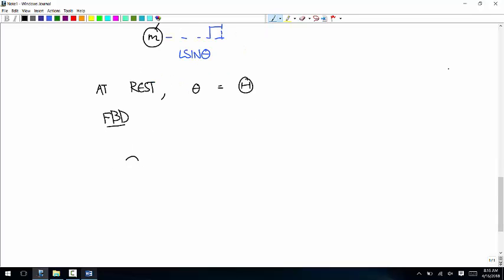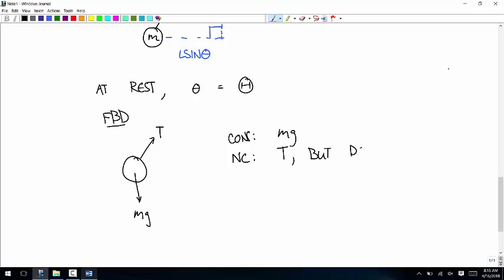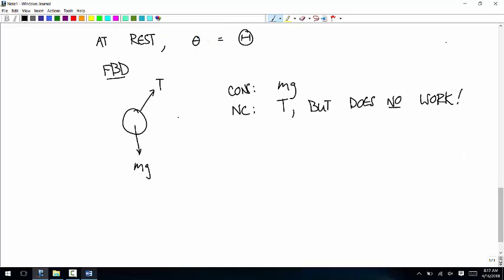Okay, so we have a weight force, mg, and we have a centripetal force, T. Conservative forces, we have the weight. Non-conservative, we have that tension, but it doesn't do work. So we know we can use conservation of mechanical energy.